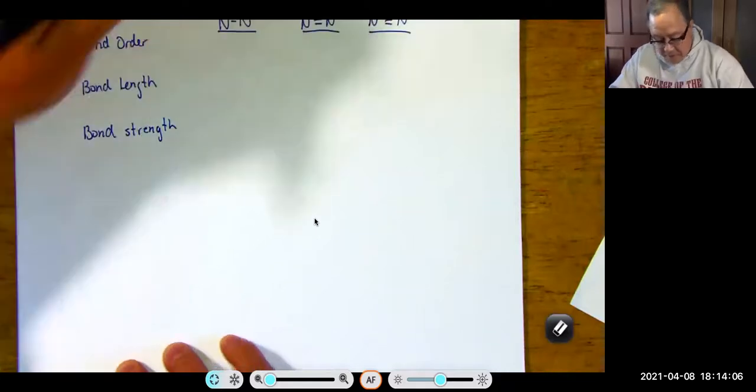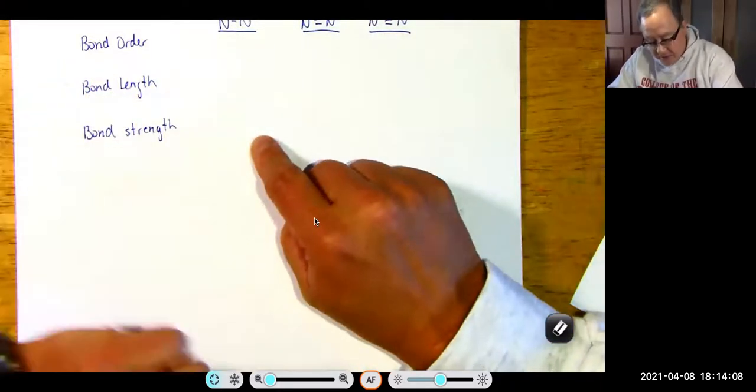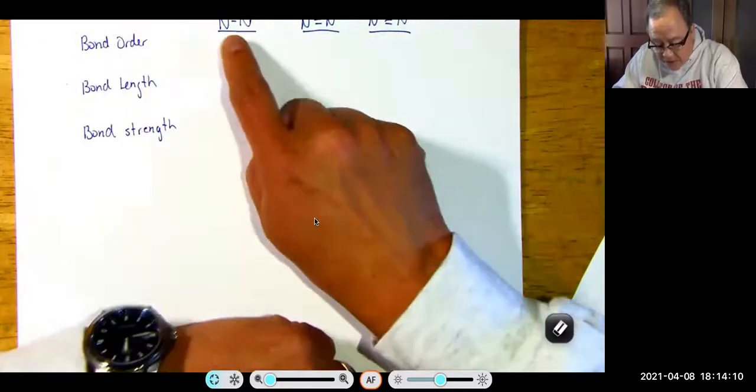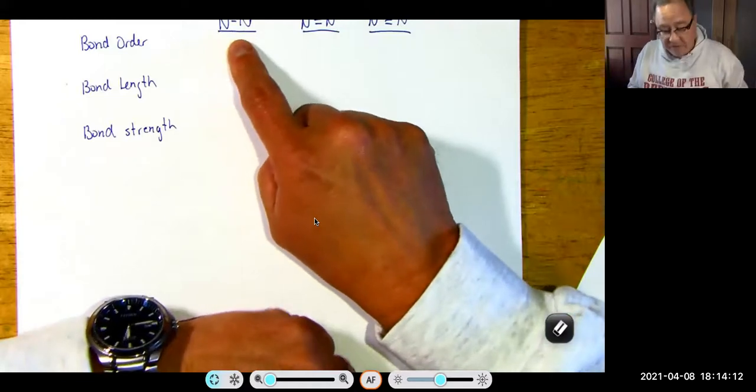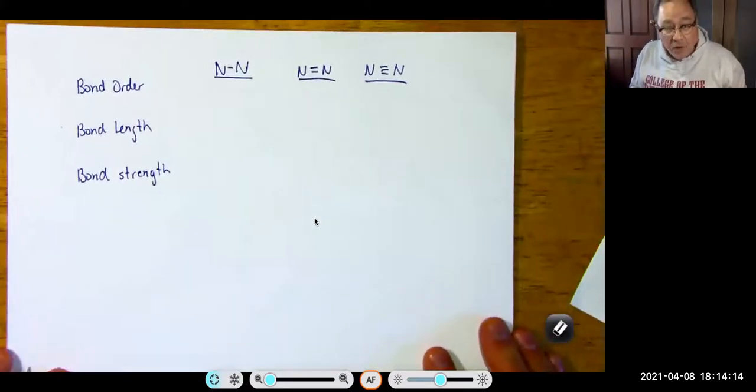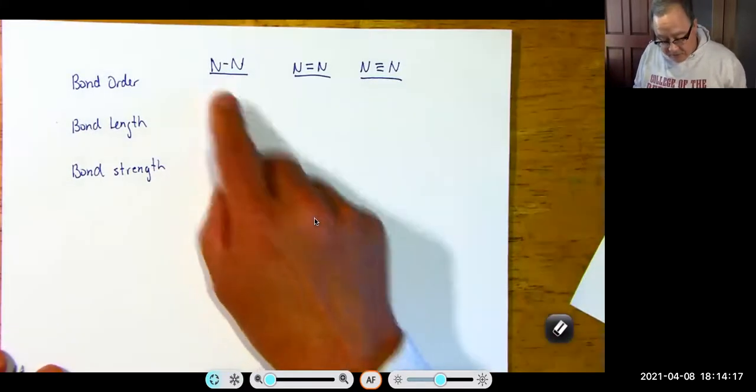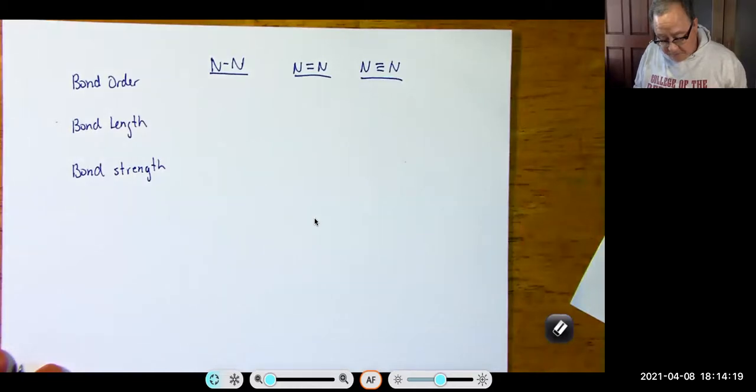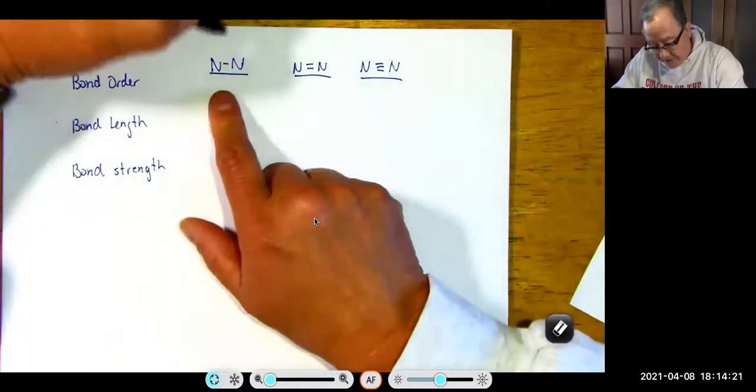Notice when I'm comparing bond order, bond length, and bond strength, we're looking at 2 identical atoms. So I could have also done this if I wanted to.